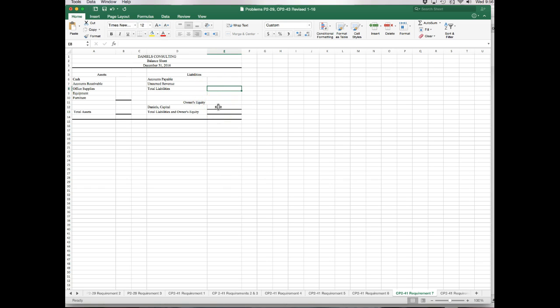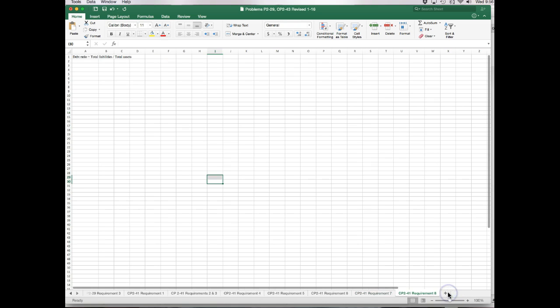Then from the previous statement that we just created, you take your ending capital, and that's the amount that you put in there. Now, here you're going to add up your total liabilities and your owner's equity. So you're going to take total liabilities plus your equity amount, and you're going to come up with your total liabilities and owner's equity. This must equal your asset amount. So if the assets and the total liabilities and owner's equity do not equal each other, then you've made an error and you need to go back and find out where that error might have been made.